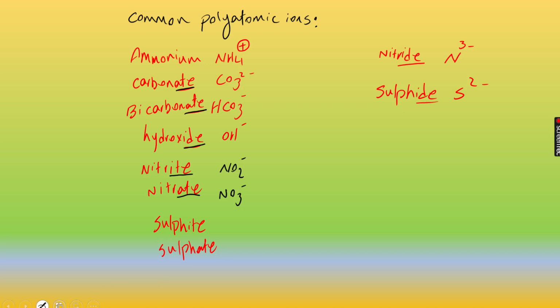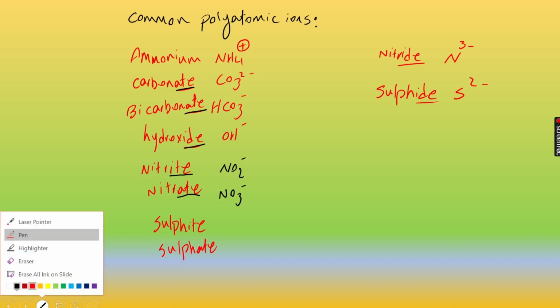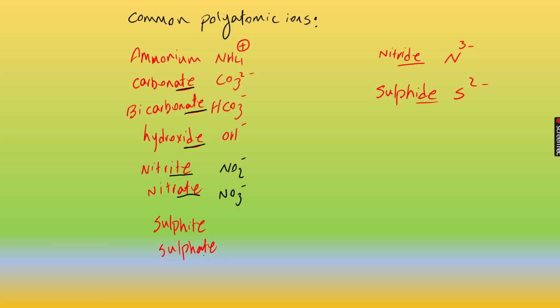But here I have sulfite and sulfate. Sulfite is SO3 2 minus, and sulfate has one more oxygen, so you have to add one to SO3. It should be SO4 2 minus. You remember that. SO4 2 minus.